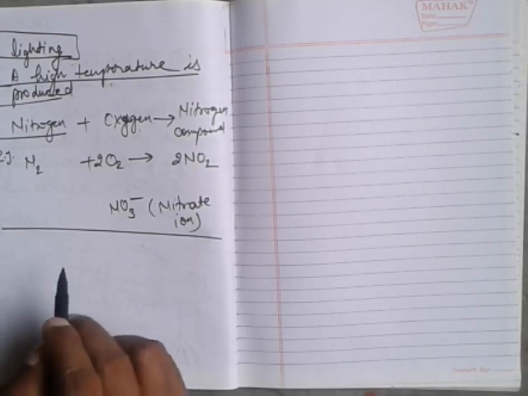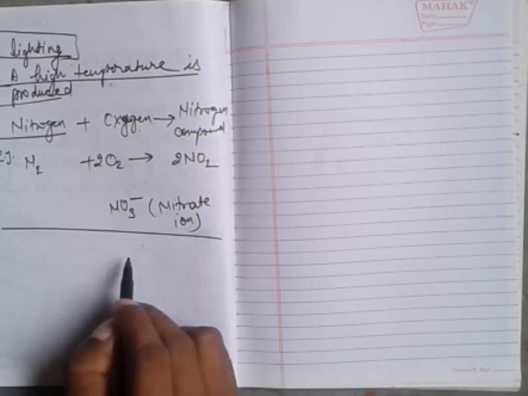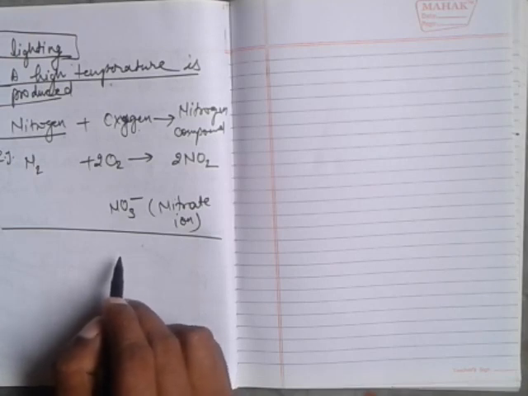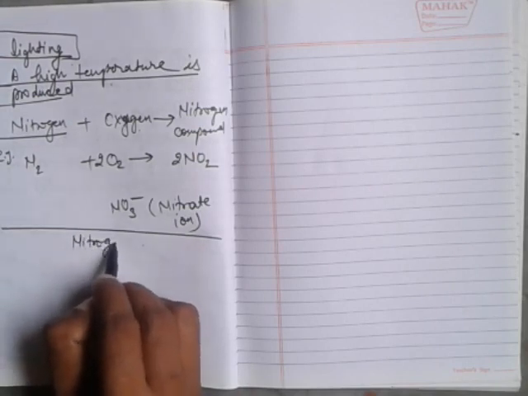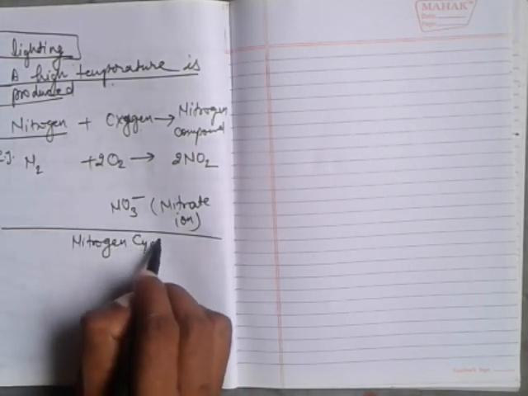And the circulation of atmospheric nitrogen into the atmosphere is called the nitrogen cycle.